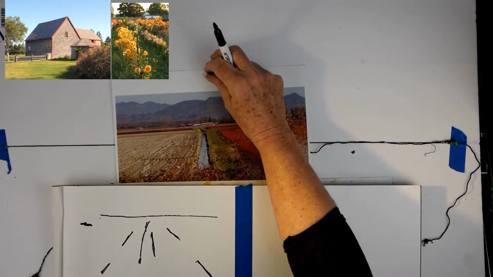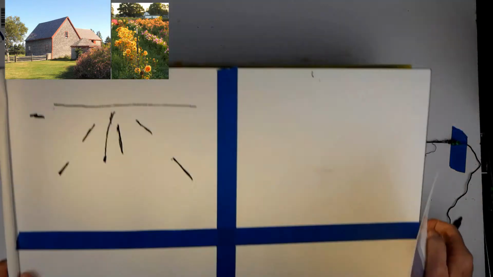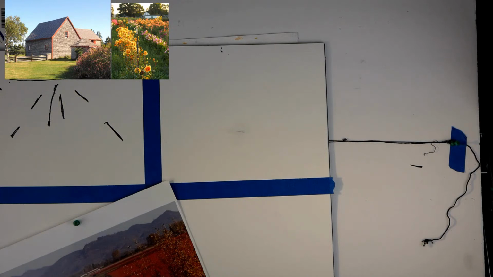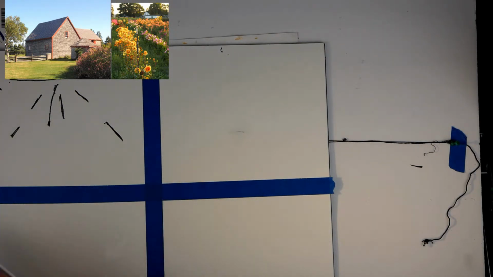So I'm going to set some stuff up for painting and set some stuff up for drawing. I'll be right back. I'm just going to move. I have a really little setup here. So I'm just going to move some things away so I can get my drawing and painting gear out, get this all set up. Now I've already set my palette up with 3 basic colors and white.